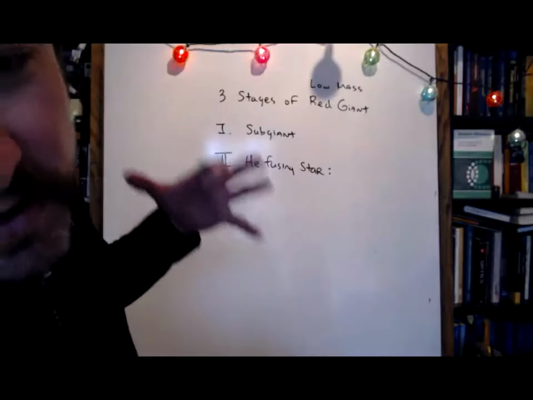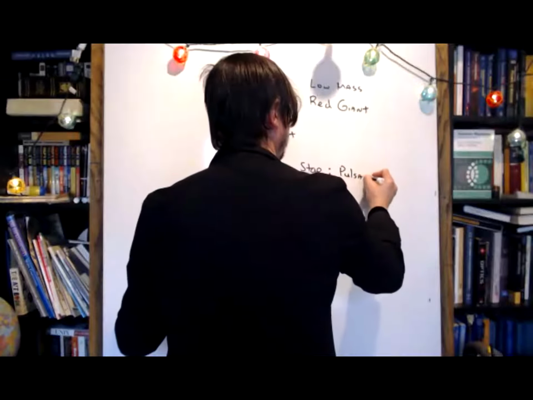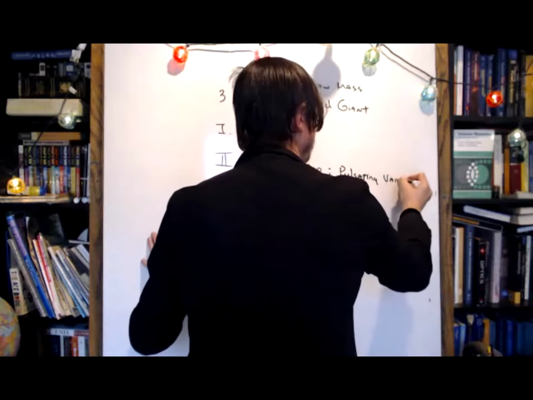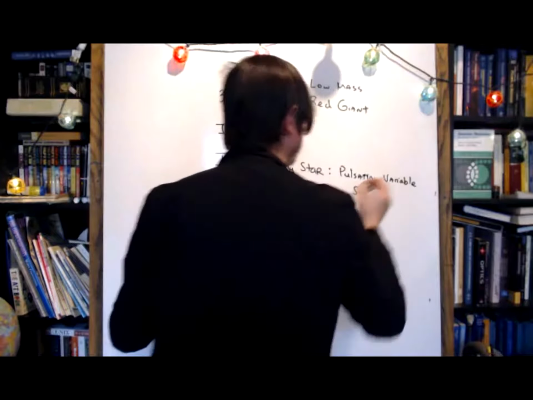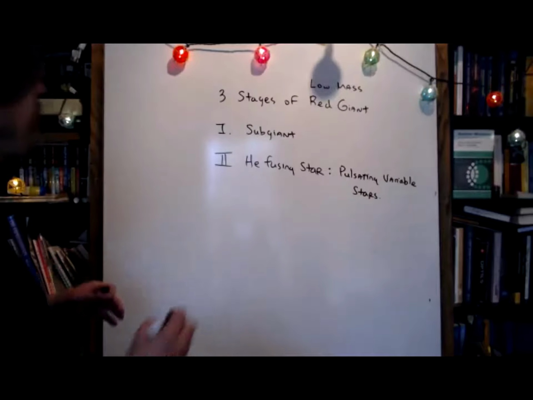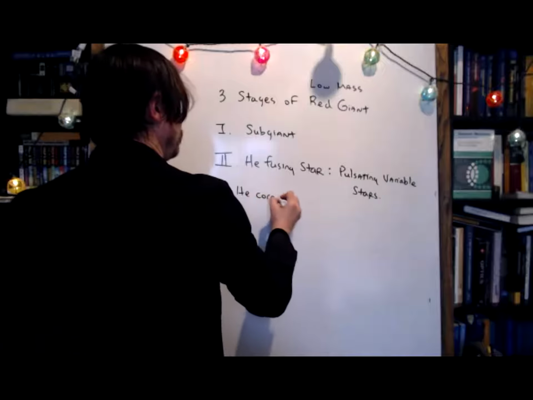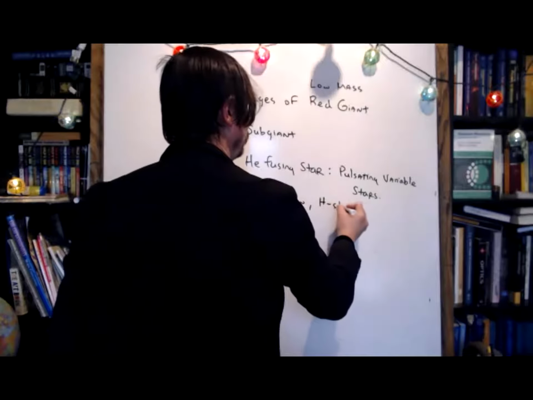Probably one of the most famous are Cepheid variables. We'll call them pulsating variable stars, okay?